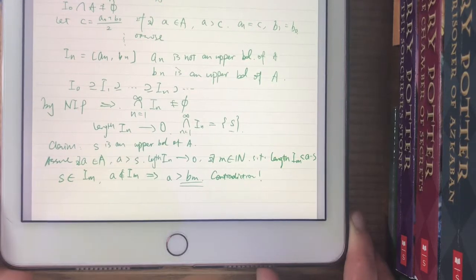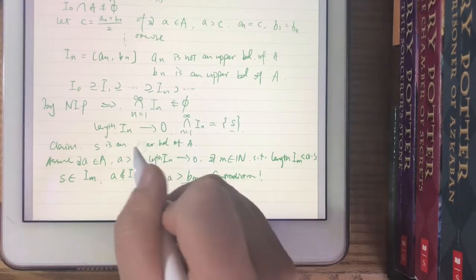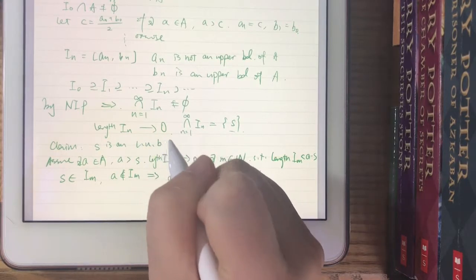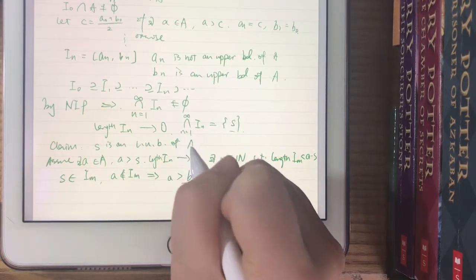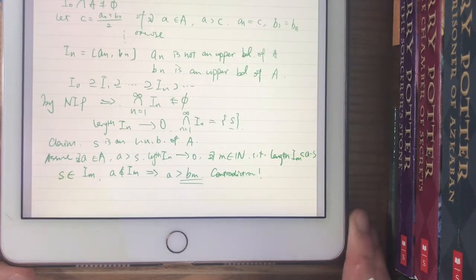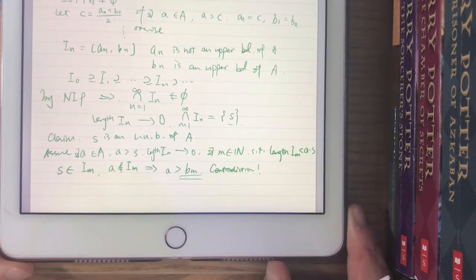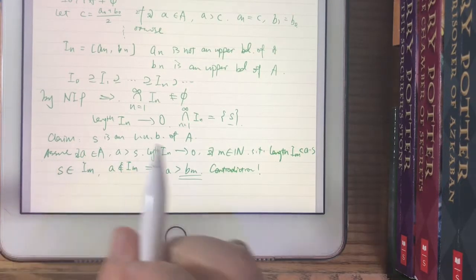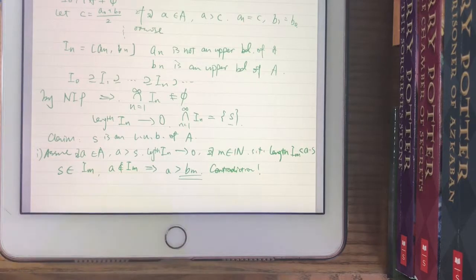I'm sorry. Here I should claim S is a least upper bound. So in this part we are showing that S is an upper bound, right?